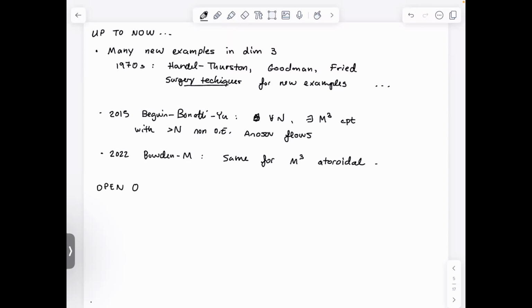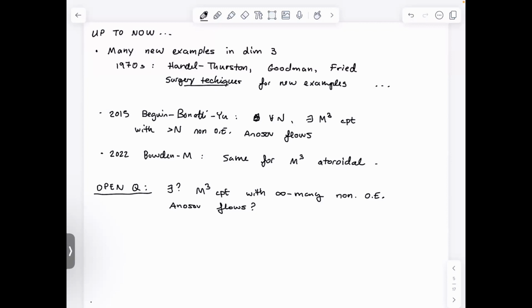Here's a great open question, and it's extremely important, actually: does there exist a compact three-manifold with infinitely many pairwise non-orbit equivalent, I'm using OE for orbit equivalent, Anosov flows? We do not know. I've heard some people think the answer is negative. I do not. That's maybe wishful.